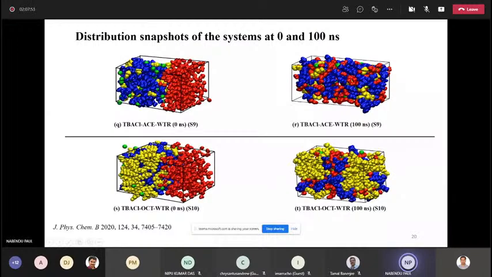But in the case of the PbACl octanoic acid water system, we found that only the cation and chloride ion of PbACl are interacting with water, not the yellow one, that is the octanoic acid. So it shows that the individual components' hydrophobic nature is very important in maintaining the DES quality or DES integrity.